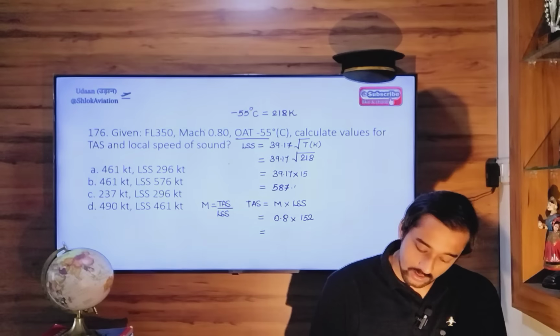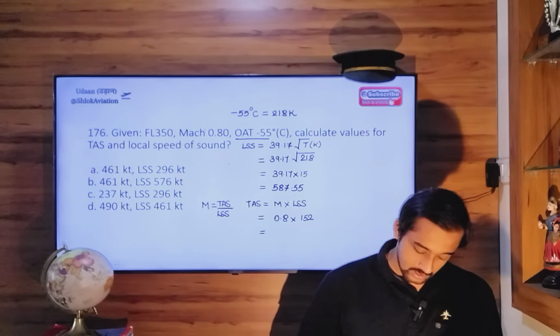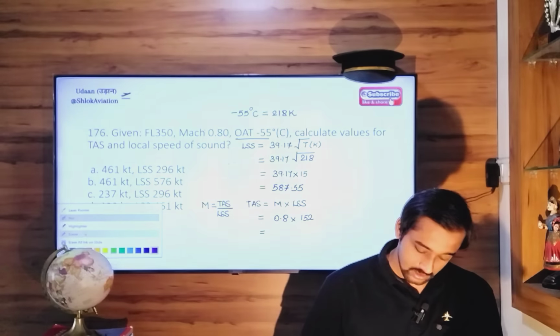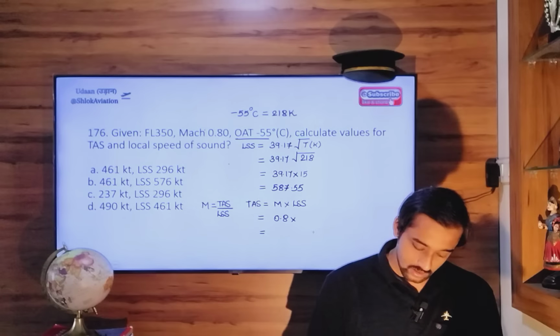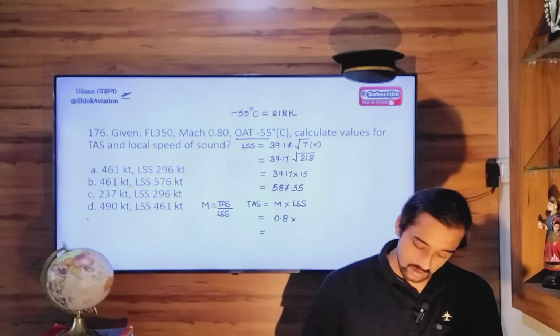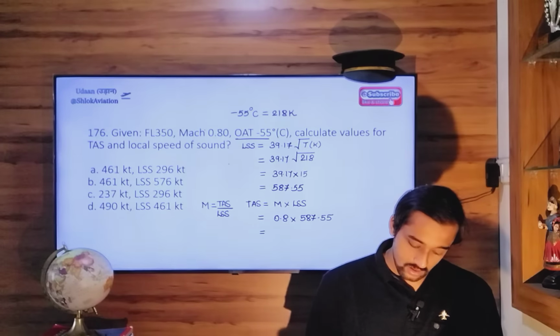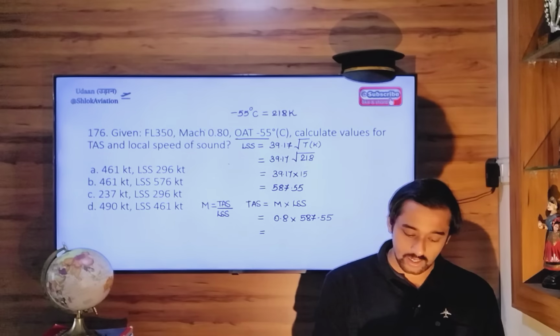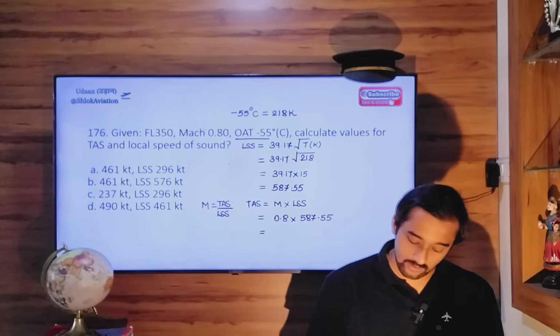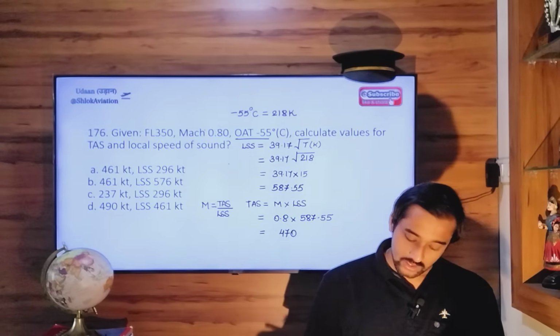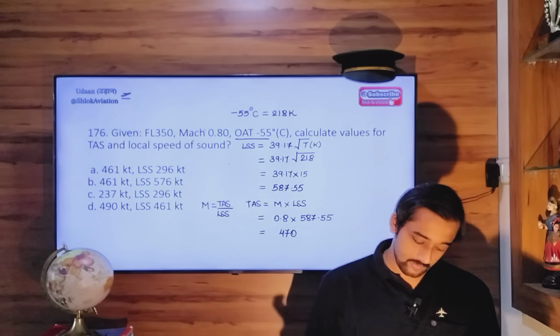So my fault. And 0.8 into 587 is 470. So true airspeed is 470.